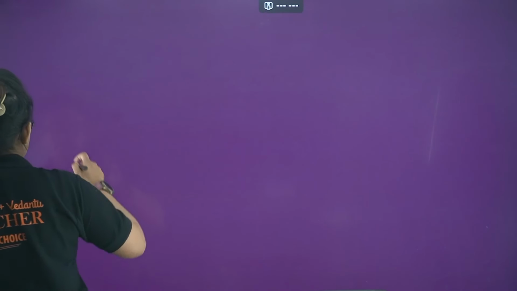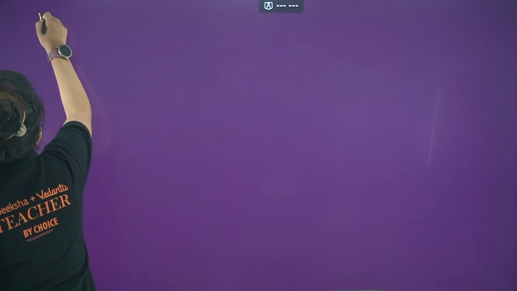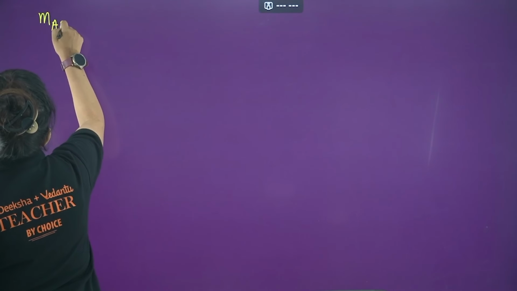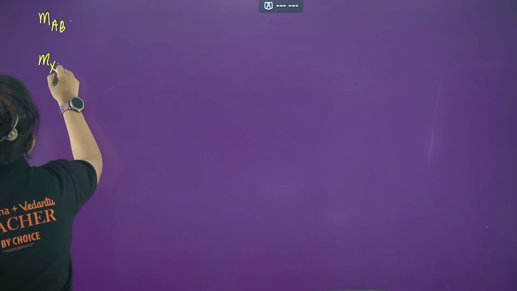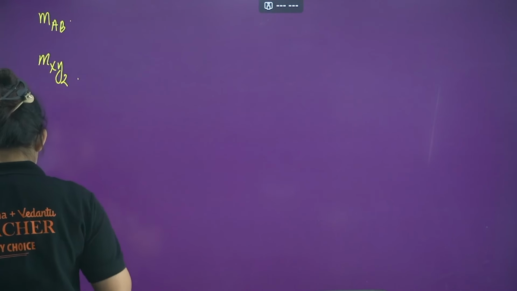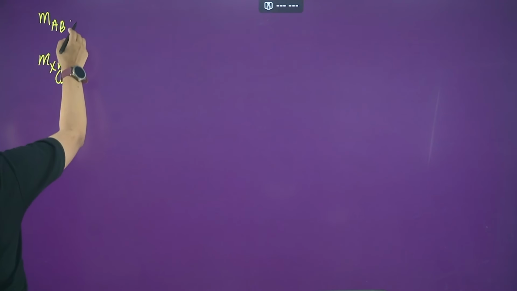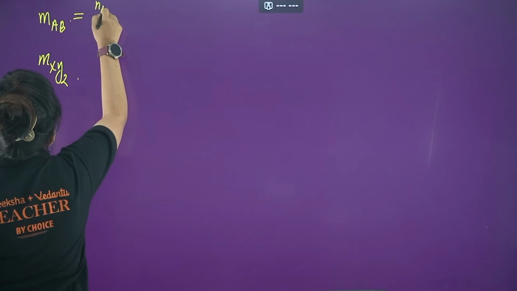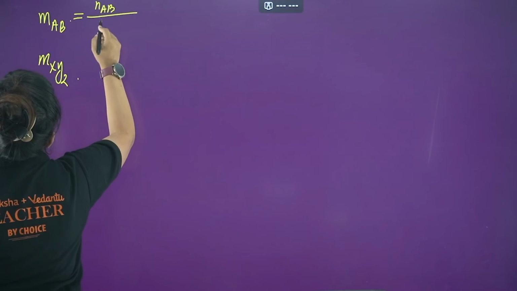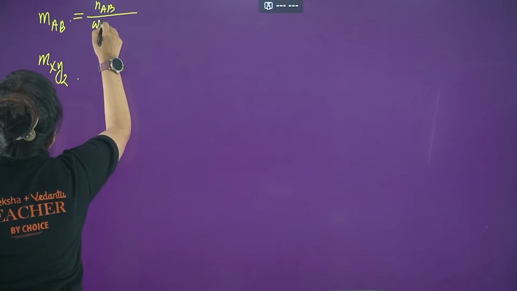Now I have to find out the molality of AB, and the molality of XY2, for both. So what is the molality of AB? Number of moles of AB divided by weight of the solvent.